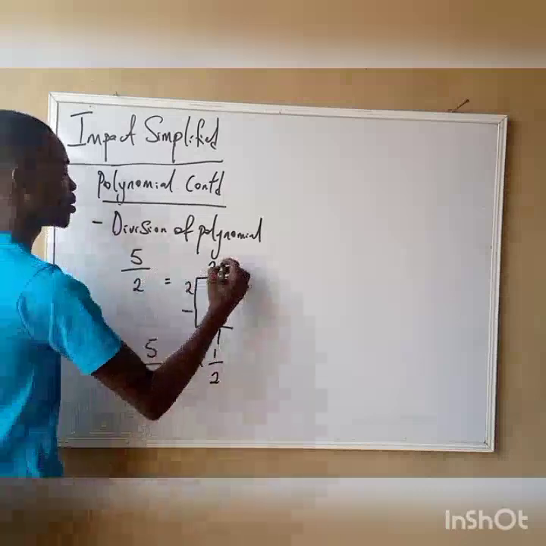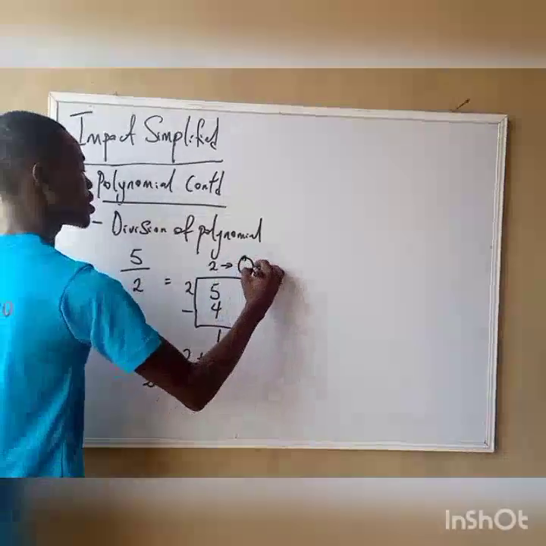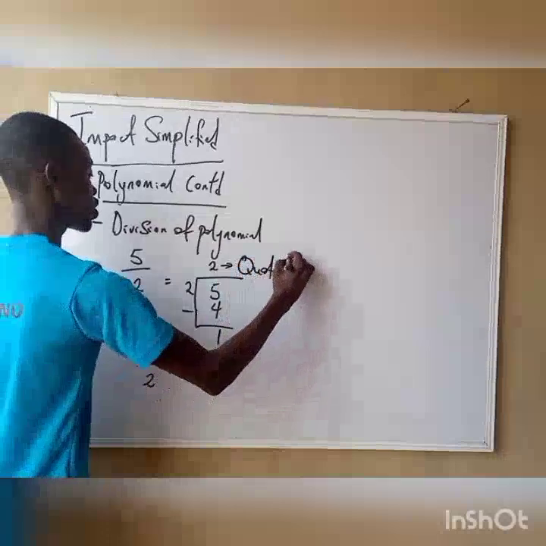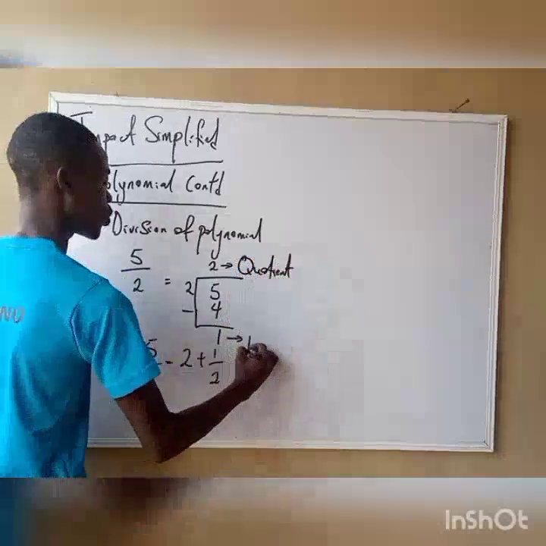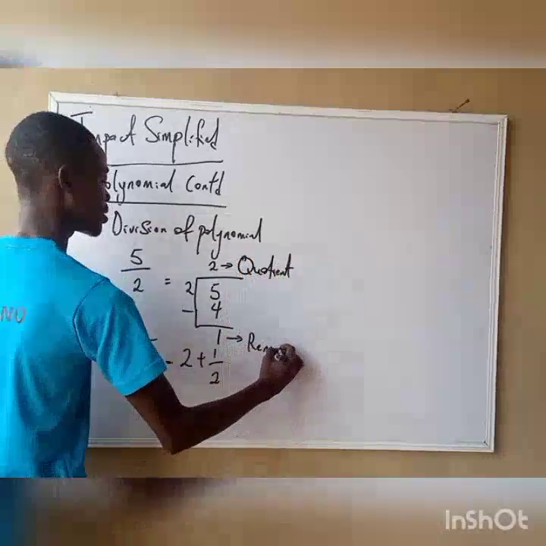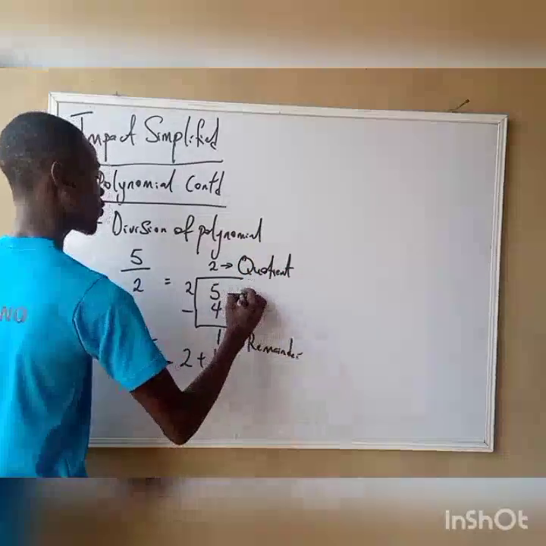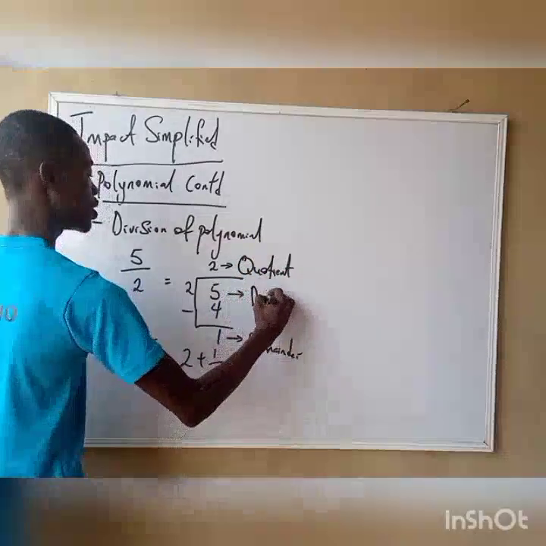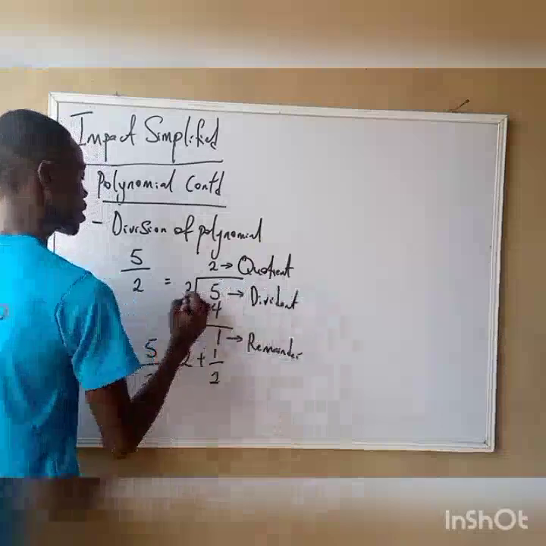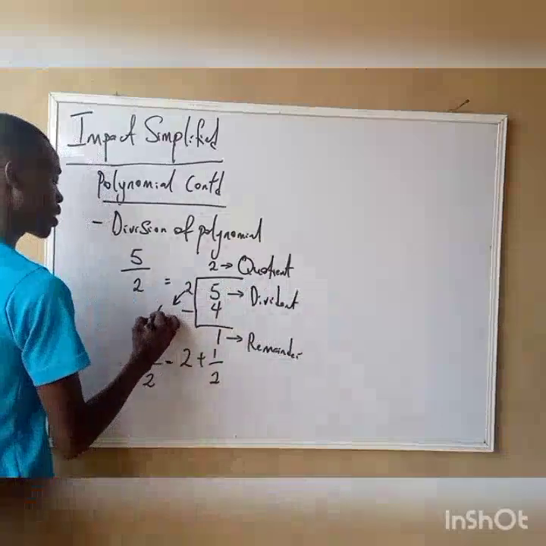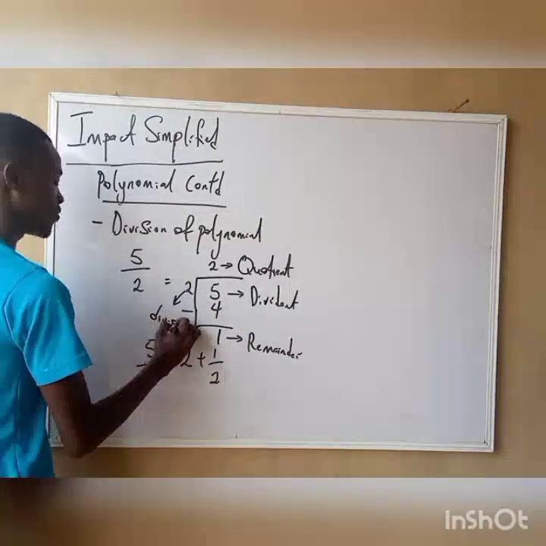Now to break it down, this 2 under polynomial is what we term as a quotient. This 1 is what we term as a remainder. This 5 is what we term as a dividend. And this 2 is what we term as a divisor.